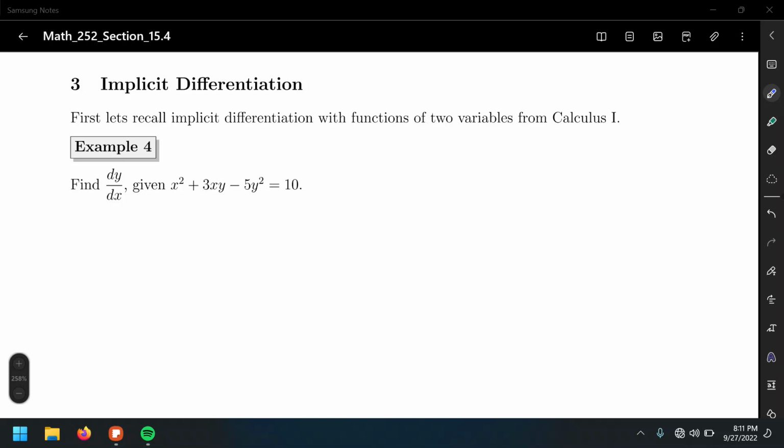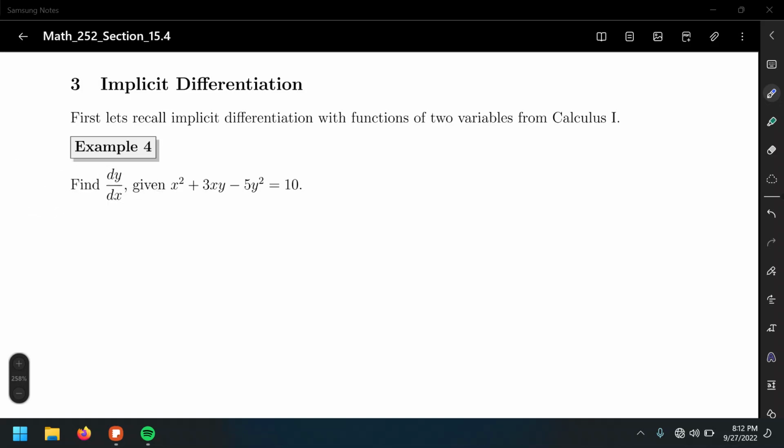Before doing it the Calc 3 way, we're going to go back to the Calc 1 way, and you will find out how the Calc 3 way is just a lot better than the Calc 1 way. You'll see. So let's take the derivative of this implicit function and find dy/dx.